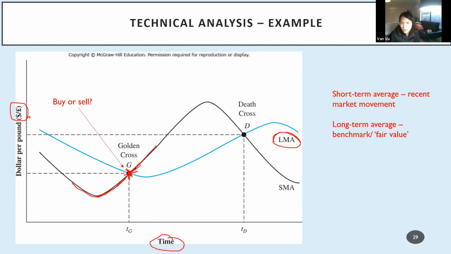I think that this is a good thing for me, because I think that it's following an increasing trend. So as the market is moving up, I want to be buying the currency. If I think that the market is following an increasing trend, then I want to be buying the pound at this time.